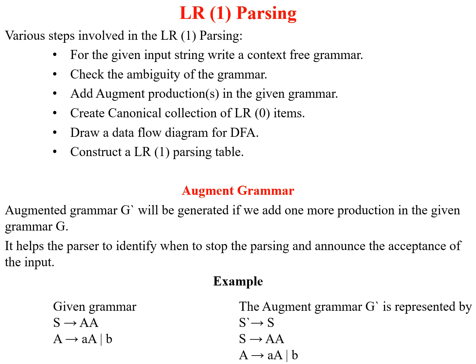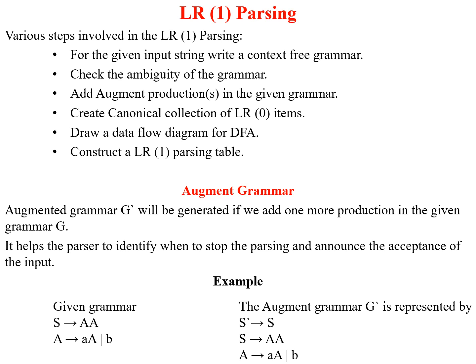Then, in the written context-free grammar, check the ambiguity of the grammar. After eliminating all ambiguities, add an augmented production in the given grammar.